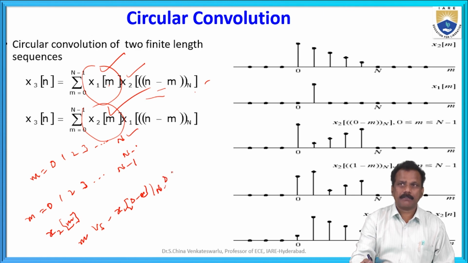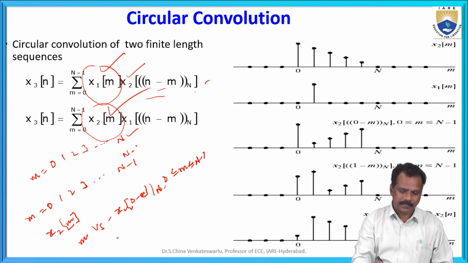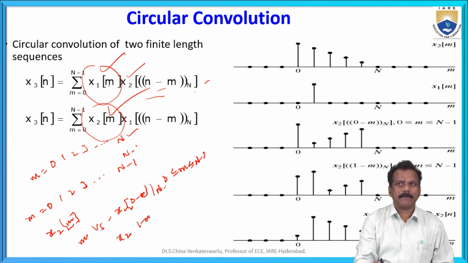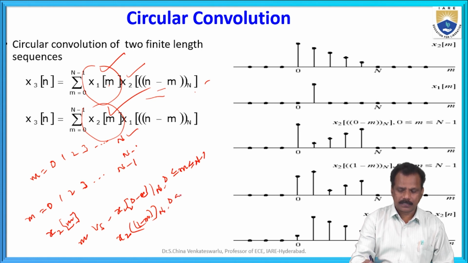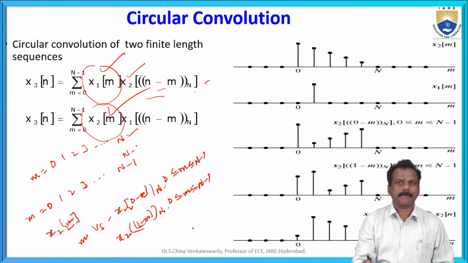We use the interval 0 less than or equal to m less than or equal to N minus 1 in one case, and if it is x2 of 1 minus m modulo N, the same interval 0 less than or equal to m less than or equal to N minus 1.